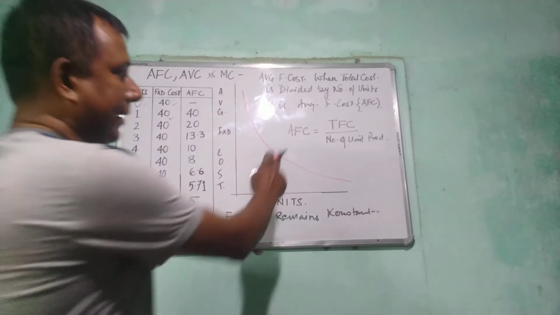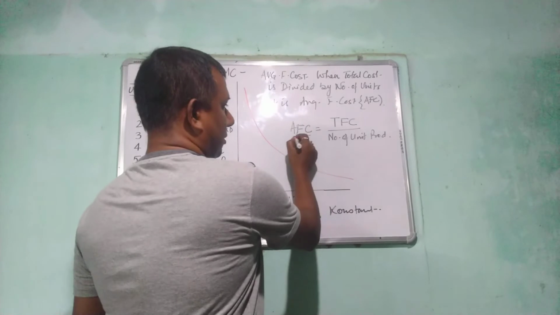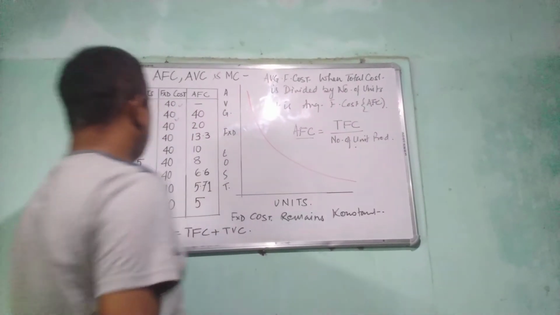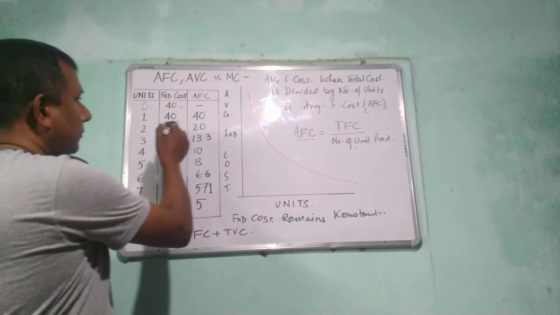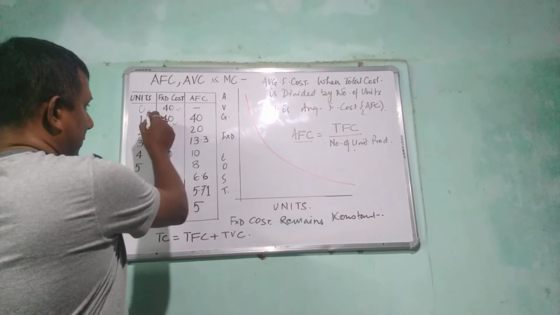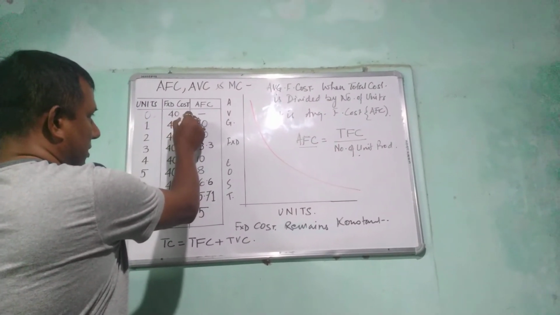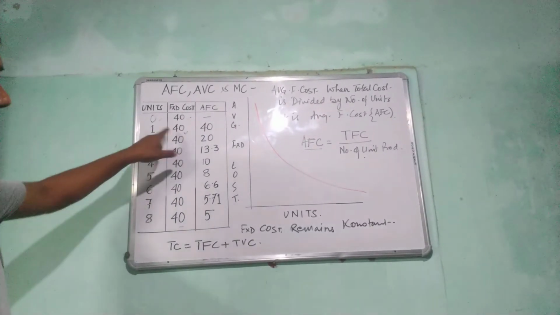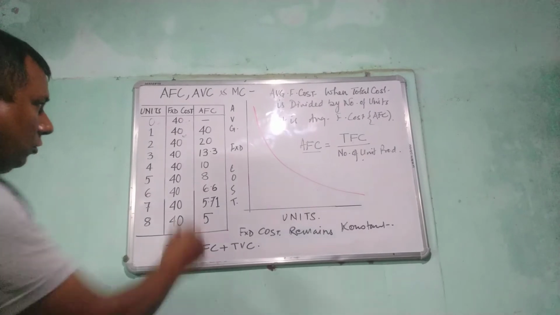So AFC means TFC divided by the number of units produced. We see over here that when the production is 0, the fixed cost is 40. When the production is 1, the fixed cost is 40, so 40 divided by 1.